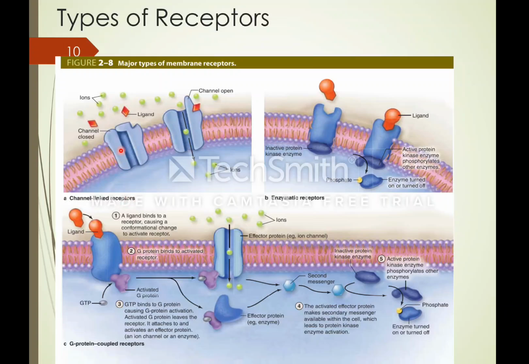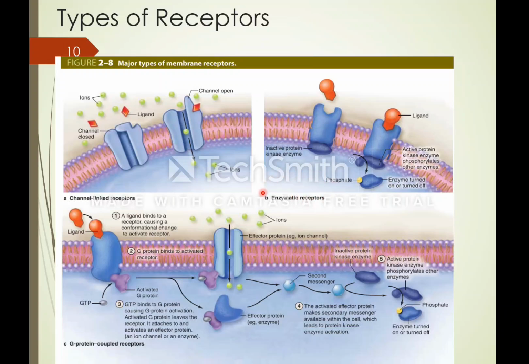It means this channel is closed and acts as a receptor. When the ligand joins to its receptor, the channel opens and ions are exchanged between the cell and the extracellular matrix. These receptors are activated by the joining of the ligand and the channel opens.